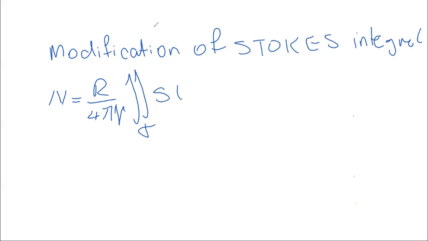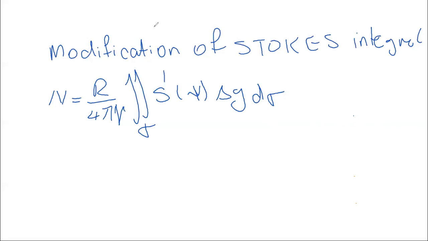Stokes function, delta g gravity anomaly, and the integration element. This is the original Stokes formula, and I want to modify this. I want to change the kernel. How do I do it?